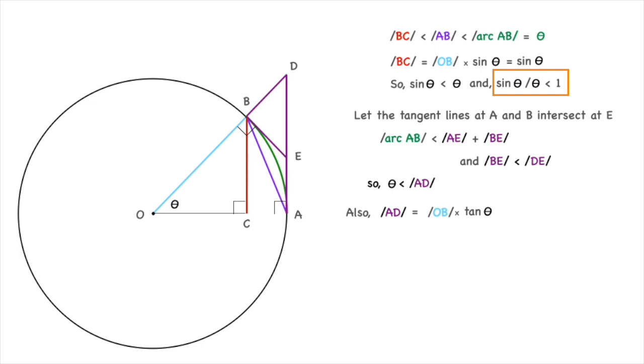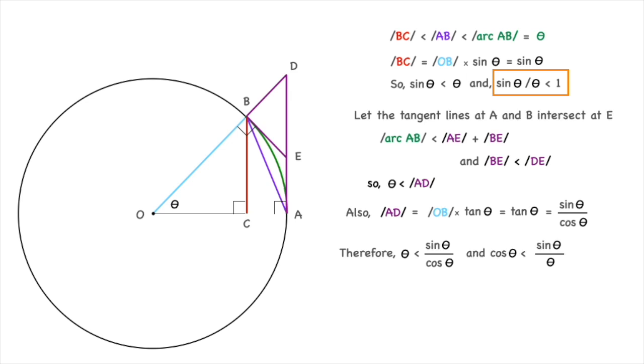Also, AD equals OB times tangent theta, which equals simply tangent theta, which equals sine theta divided by cosine theta. Therefore, theta is less than sine theta divided by cosine theta.